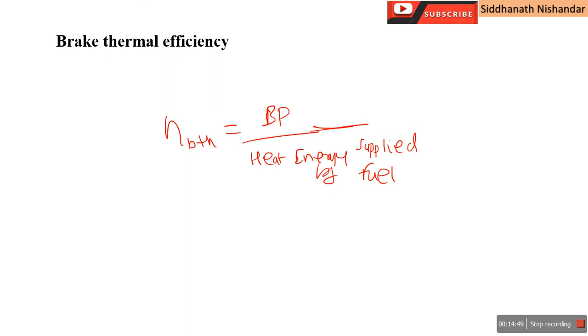It is the ratio of heat converted into useful shaft work. Brake power is nothing but the ratio of heat converted into useful or shaft work to the heat energy supplied. It is the indication of an ability of the engine to convert supplied heat energy into brake power. Okay, what amount of energy we supply and what we get, that is the brake thermal efficiency.